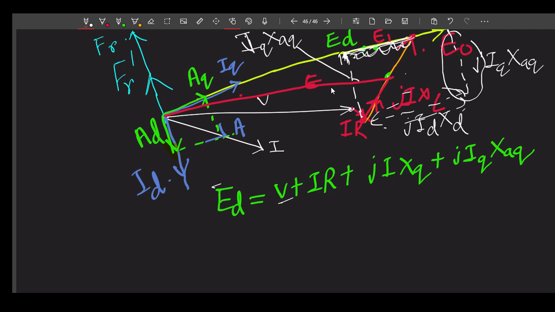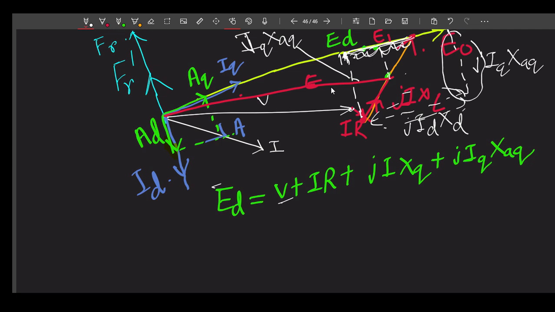However, how to get ED? ED is obtained if we draw a perpendicular from this E, and that is only possible when we do this, right?